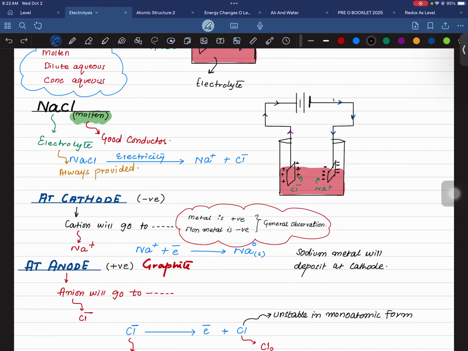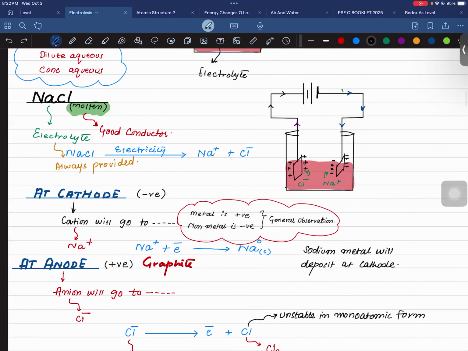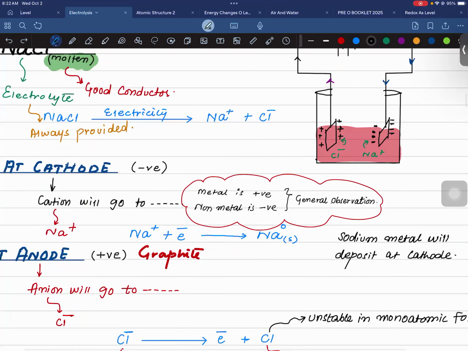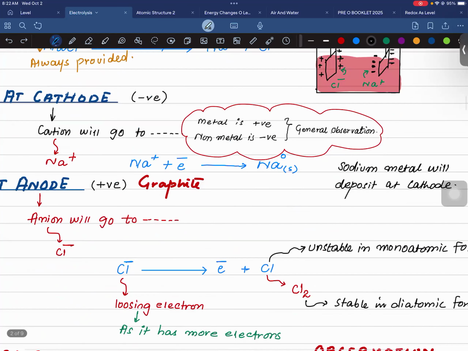When the Cl minus ion goes towards the anode, it would lose one electron. Why? Because I told you that when anything has a negative charge, it has extra electrons. Minus one charge means one extra electron, minus two charge means two extra electrons, and minus three charge means three extra electrons. Right now the Cl minus has minus one charge, so it has one extra electron.